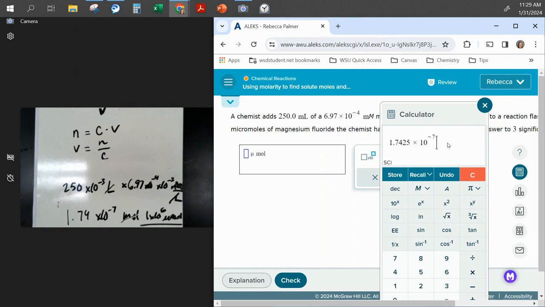So I'm going to multiply this by 10 to the 6. And then, so this is going to be 0.174 micromoles.